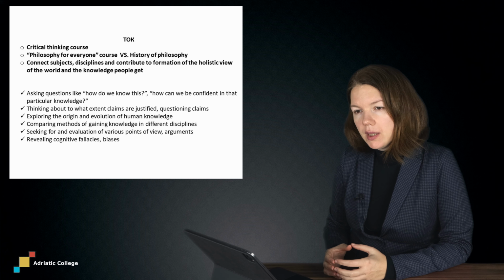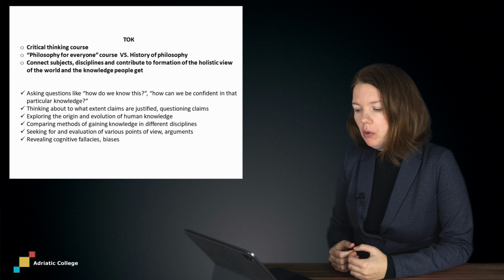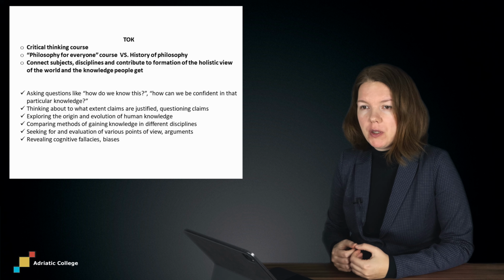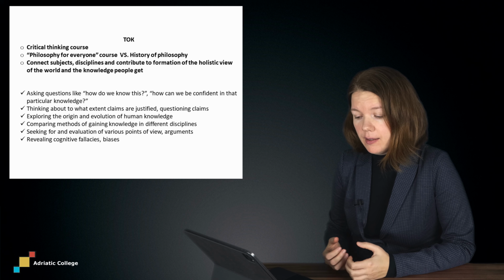And also the course fosters the skill of looking for and evaluating different perspectives, different points of view, arguments, and also the skill of recognizing a cognitive fallacy or bias.